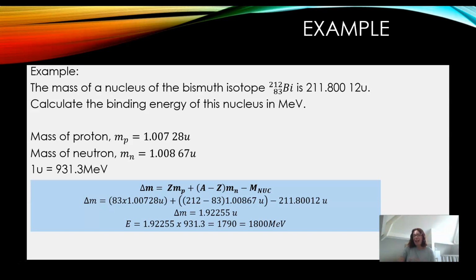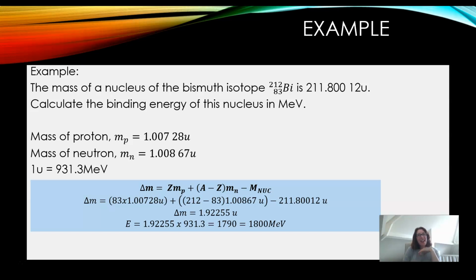So to calculate how much binding energy there is per nucleon, I would do 1,800 divided by how many nucleons there are, which is 212. So that gives me 8.5 megaelectron volts. That means to remove one nucleon, I would need 8.5 megaelectron volts.